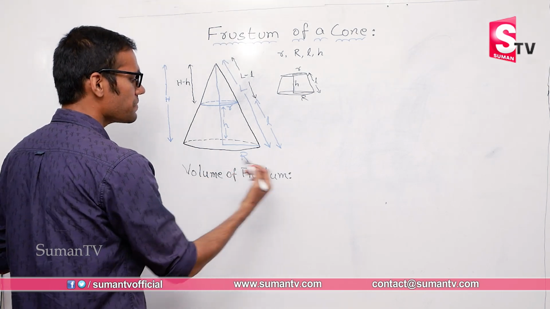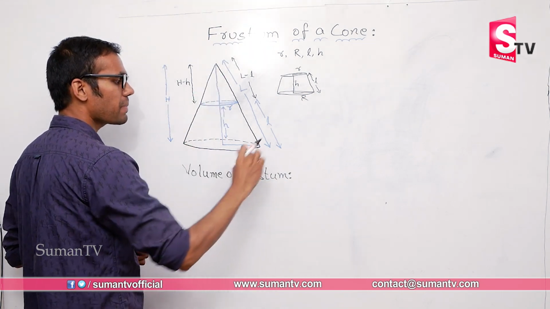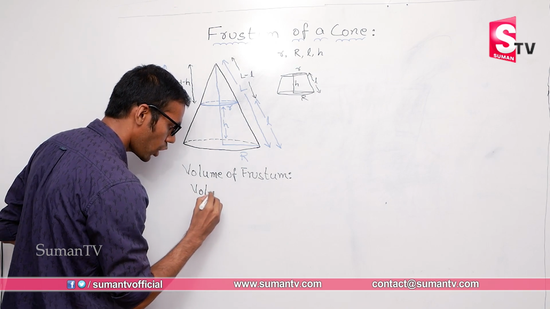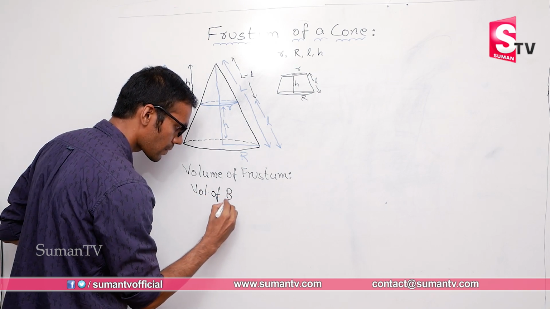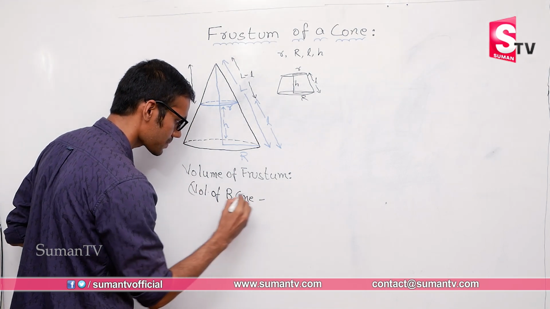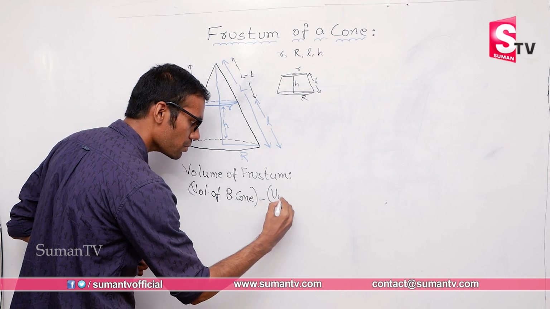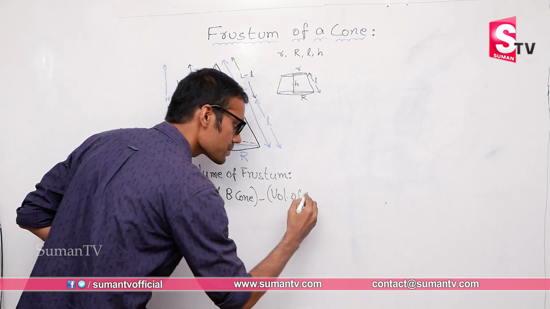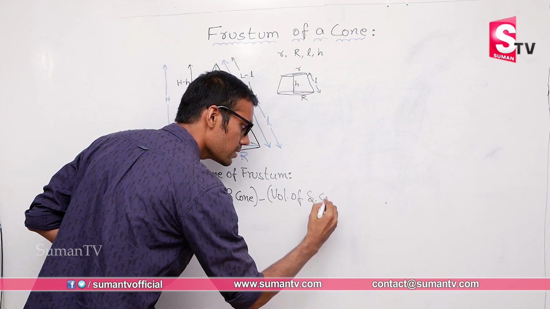So volume of the frustum will be nothing but volume of the bigger cone minus volume of the smaller cone.